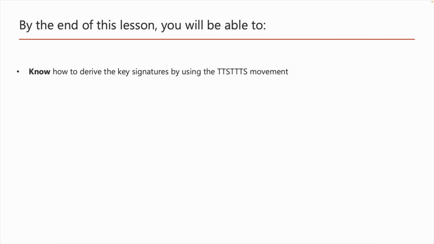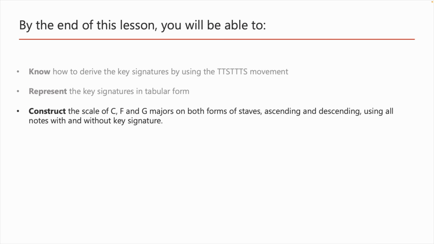At the end of this lesson, you'll be able to derive the key signatures by using the movement tone, tone, semitone, tone, tone, tone, semitone. You will be able to represent the key signatures in a tabular form, and construct the scales of C, F, and G major on both forms of staves in ascending and descending order, using all notes with and without the key signatures.